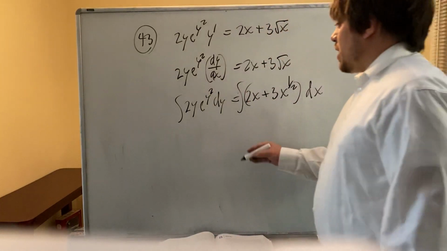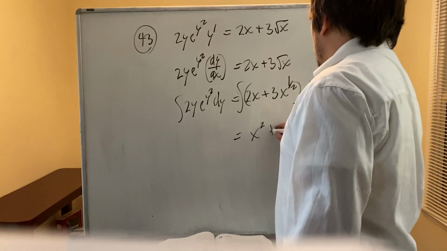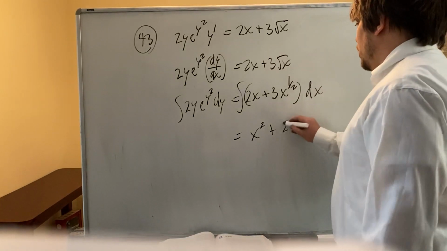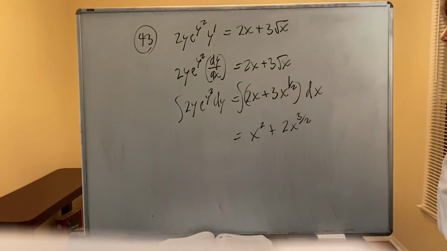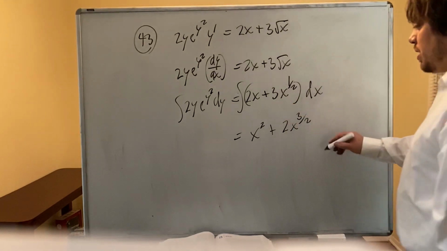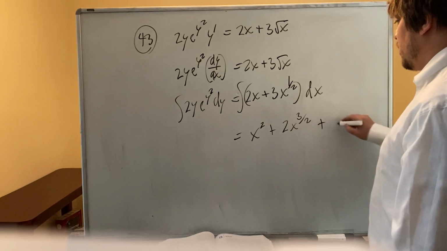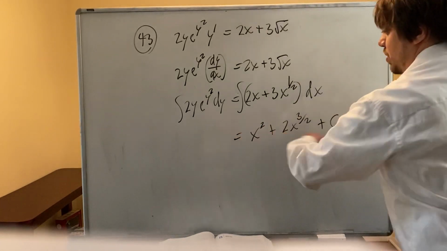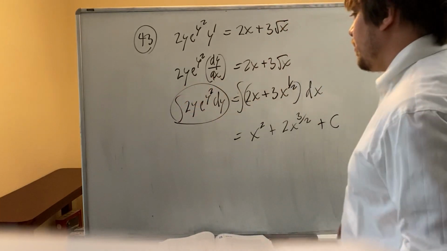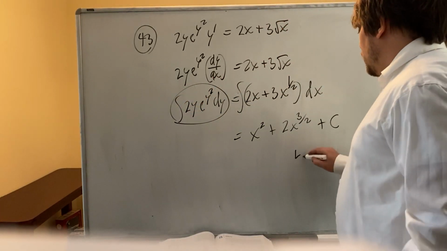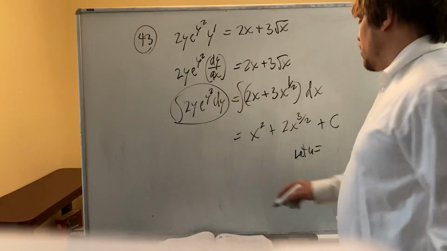Okay, the right side, the integral is x squared plus 2x to the 3/2. This is finding the antiderivative of that. And then there would be a plus c here. The plus c would be for both sides. This side is the integral of this. We'll let u equal y squared.